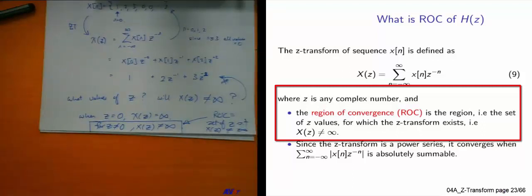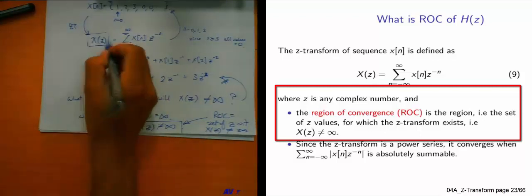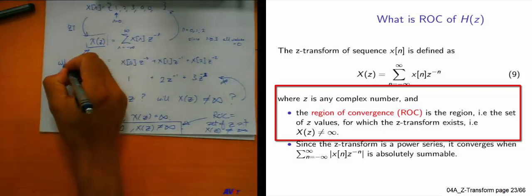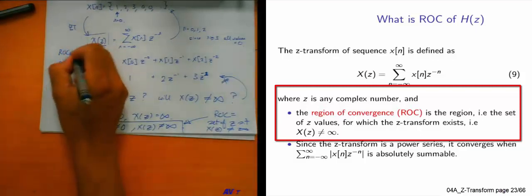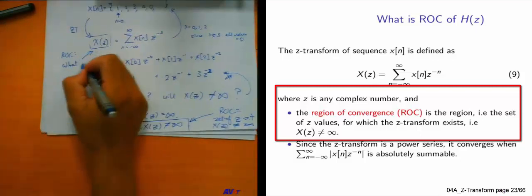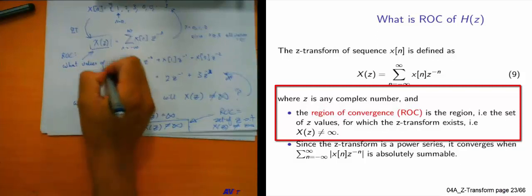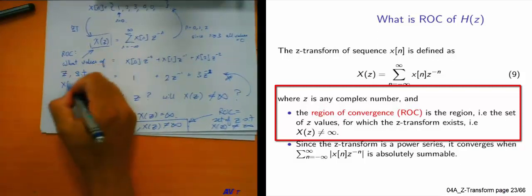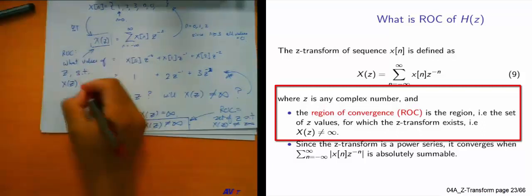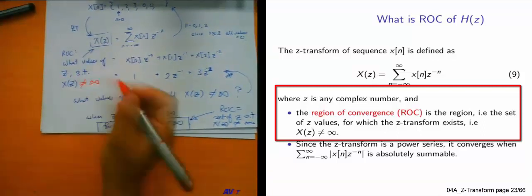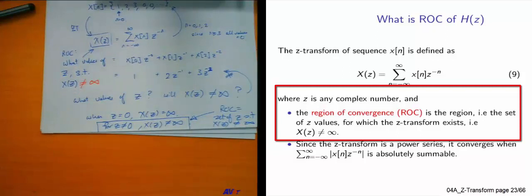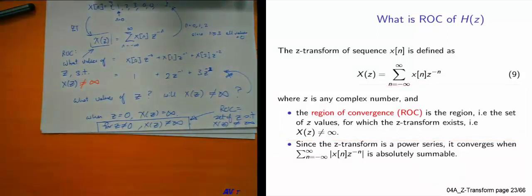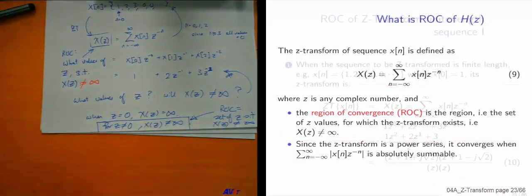Remember, the region of convergence means: what values of z are such that X(z) is not equal to infinity? So now the answer is all values of z except 0.